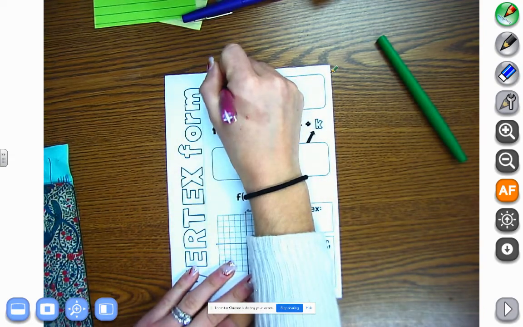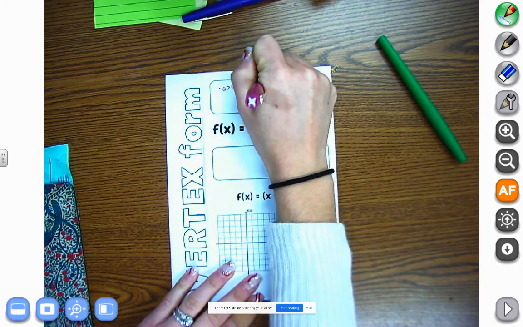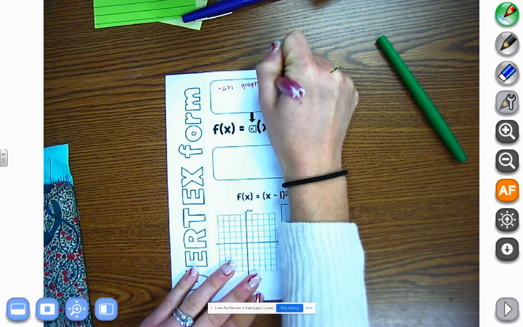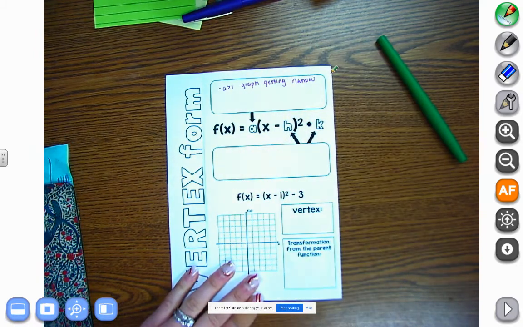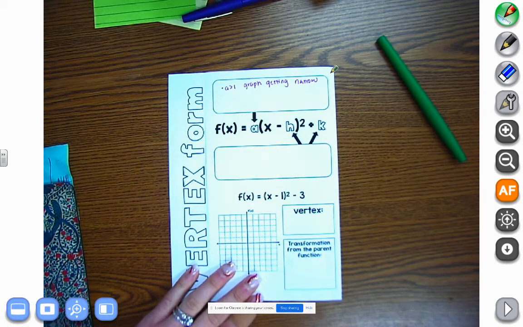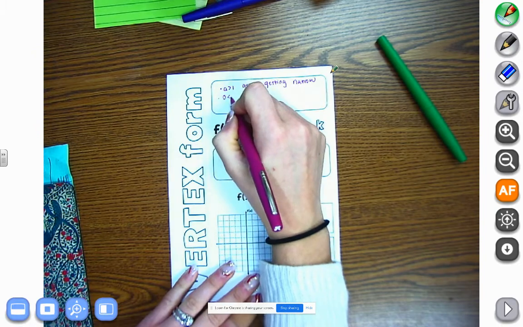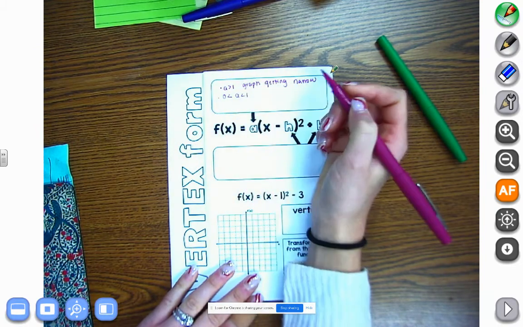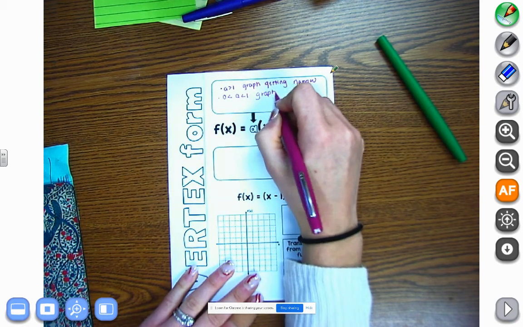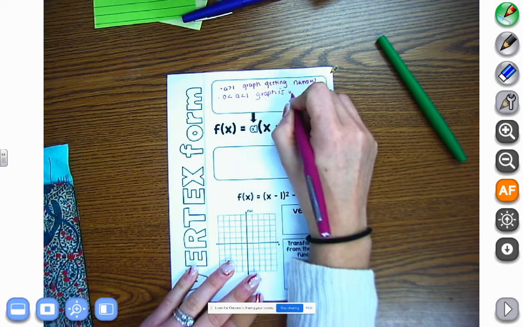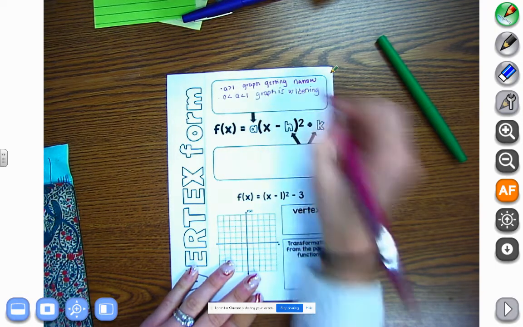When A is greater than 1, it's going to tell us that our graph is getting narrow. When A is between 0 and 1, our graph is widening, getting wider.